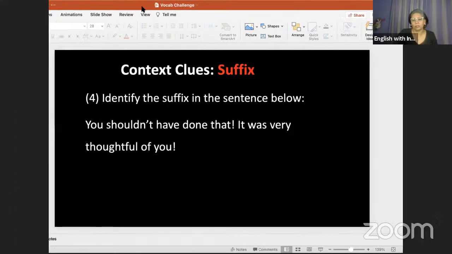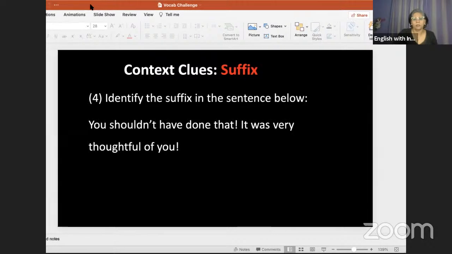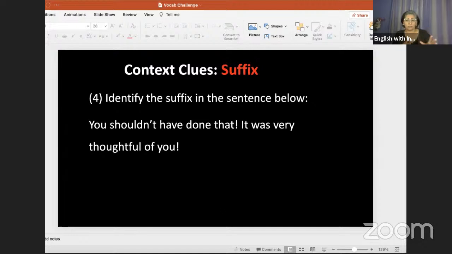So here, this one is about a suffix. I will talk about suffix for this one. Suffix and prefix are two different vocabulary terms we use with base words.